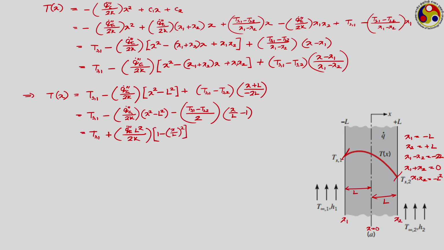And similarly from the next one, if we take L common, (Ts1 minus Ts2) upon twice L, then it just becomes L minus x. Actually, I have made a mistake somewhere in the symbol, it was positive, and so it is again L plus x, and that twice L has come out. So, it remains minus 2L outside. So, this is a closed form equation that we are looking for.